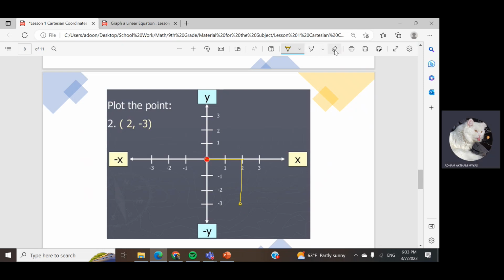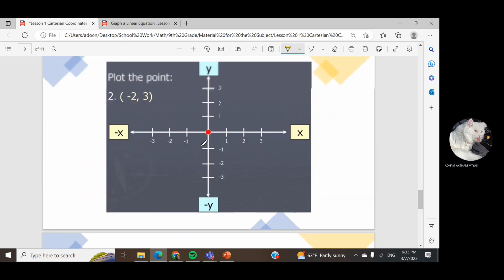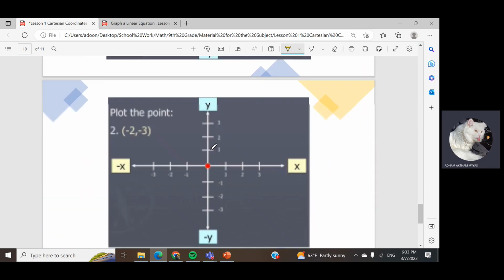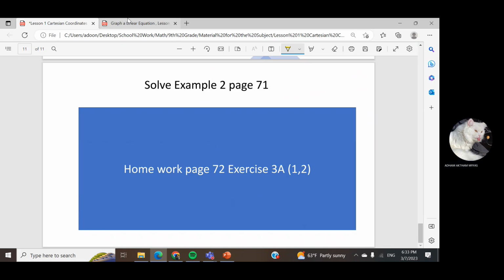I'm just jumping between the lines until I get the point. If I have 2, I have to move 2, maybe right, maybe left, but it is positive, so I have to move right. Minus 3, I have to go downward 3 points or upward 3 points, but here I have negative, so it's downward. And so on for the other points.